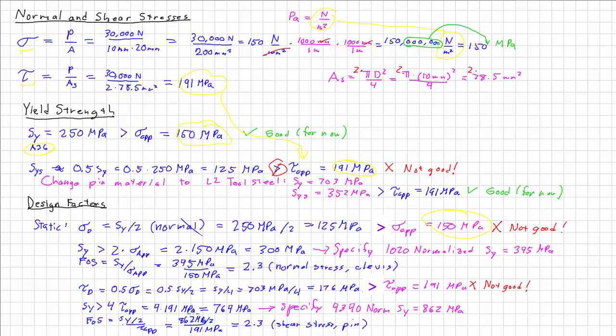Now, another thing that has to be noted is that these are very general rules that we found in the back of the textbook. This is more of how to apply design factors than necessarily the right factors for use in a real situation. But hopefully this gives you a good idea of how they should be used. Now, another very important thing to do is review your work.